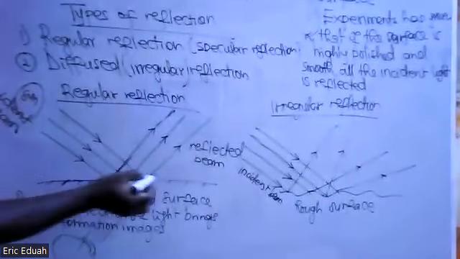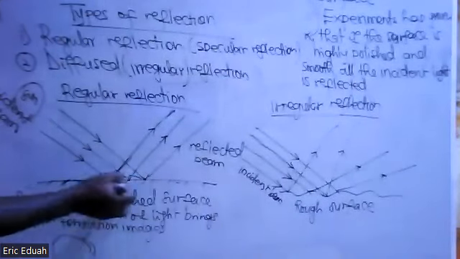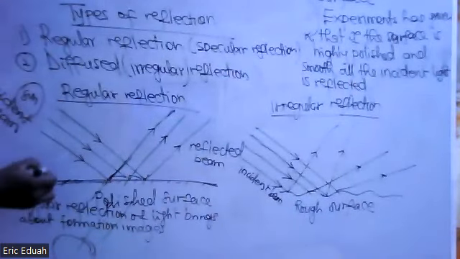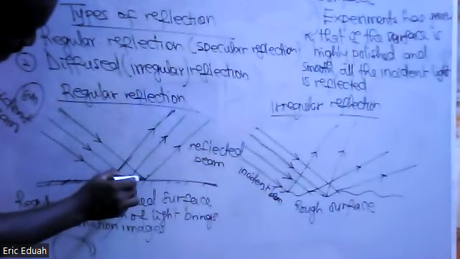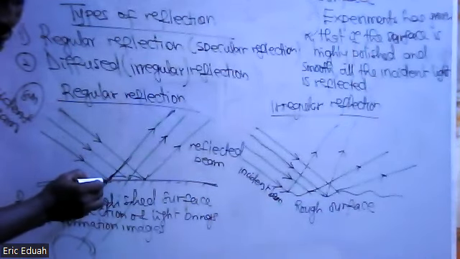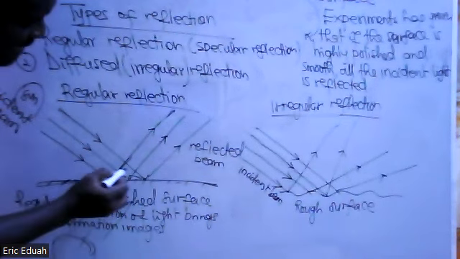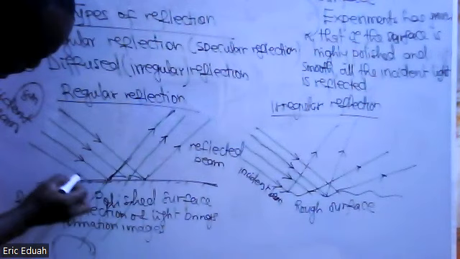Look at this surface being smooth. Incident light from the sun hits the well-polished surface, and they are all reflected orderly.